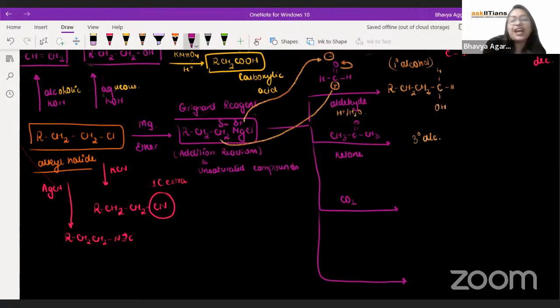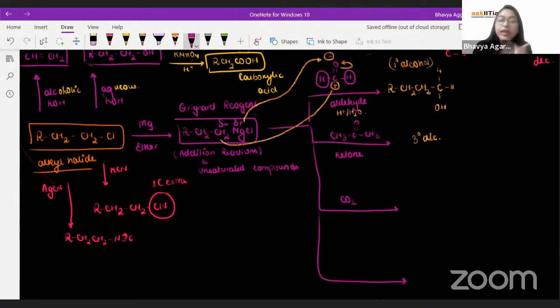Other aldehydes will give. So this one was the simplest aldehyde where both the sides are having hydrogen. But most of the aldehydes have one side as R, the other side as H. Right? So technically HCHO is an exception. HCHO is an exception in itself, but it's not really an exception. Its only logic is that there are two hydrogens on both the sides.